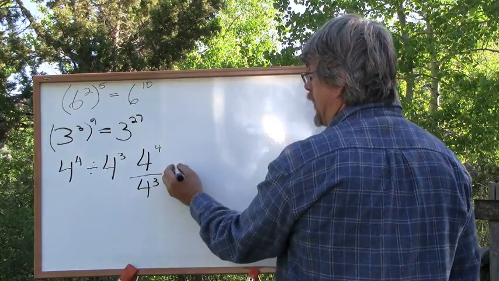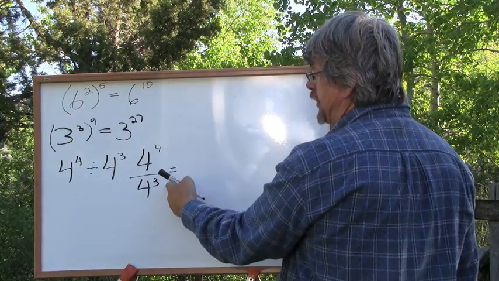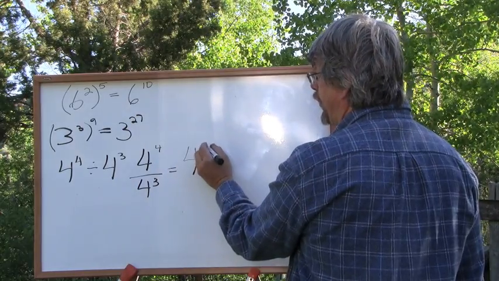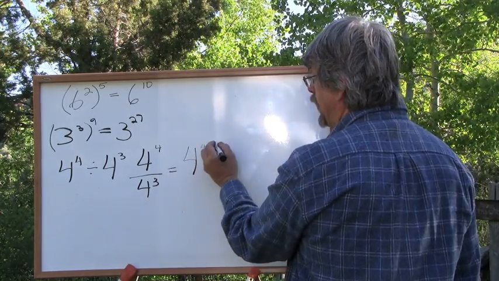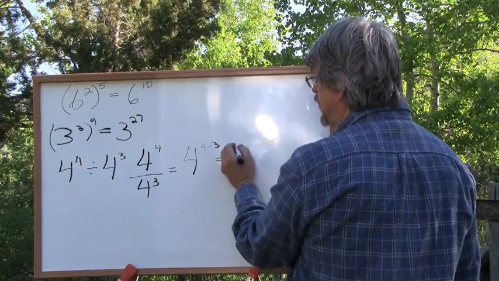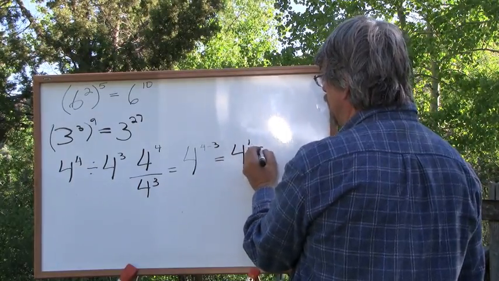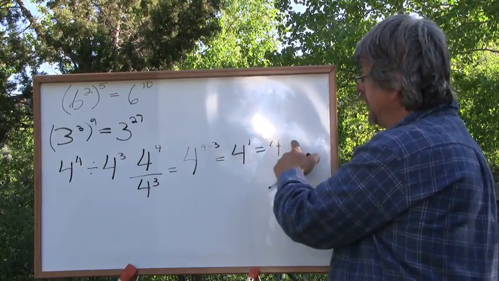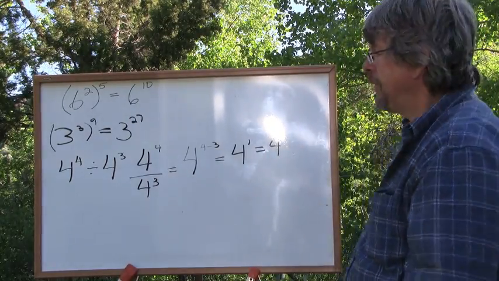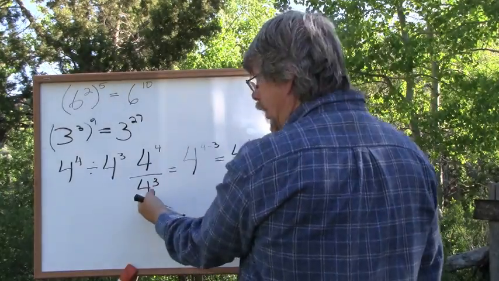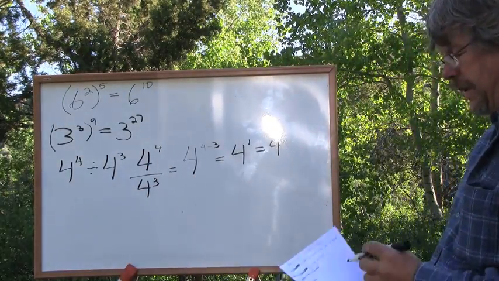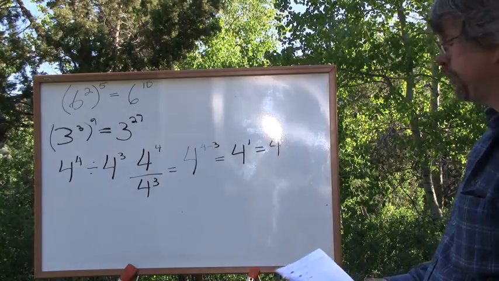Same expression. Now I know in division, this is going to be 4 to the 4th minus 3. So this is going to equal 4 to the 1st, which simply equals 4. Any number to the 1st power is just that number. But see, it looks complicated, but it's really not once you know the rule. It's really not that difficult to work with.